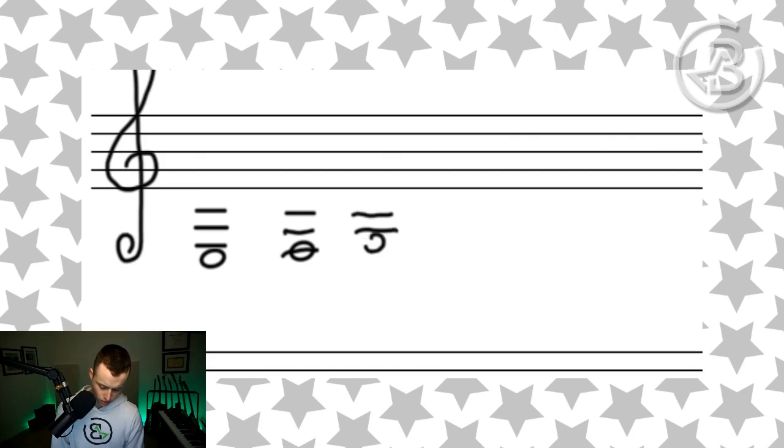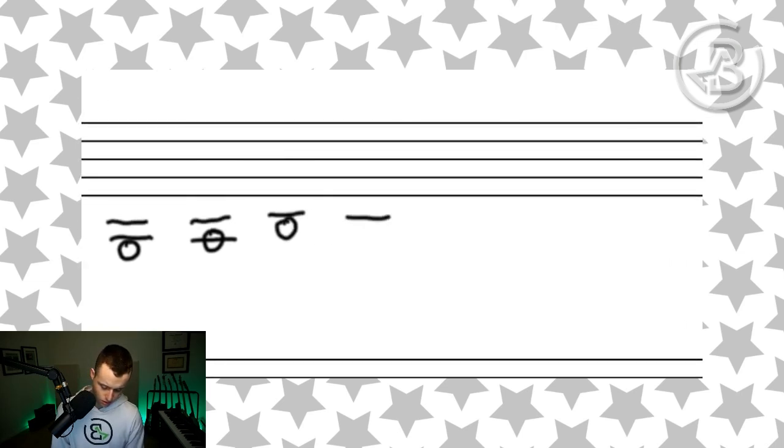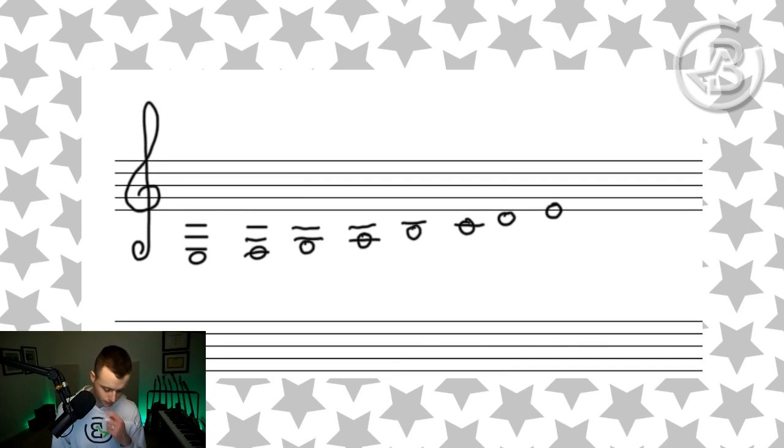Then we go to in a space. Next note is going to be on a line. Next note is in a space. Next note is on a line. Next note is in a space. And finally, we make it to the staff on a line.